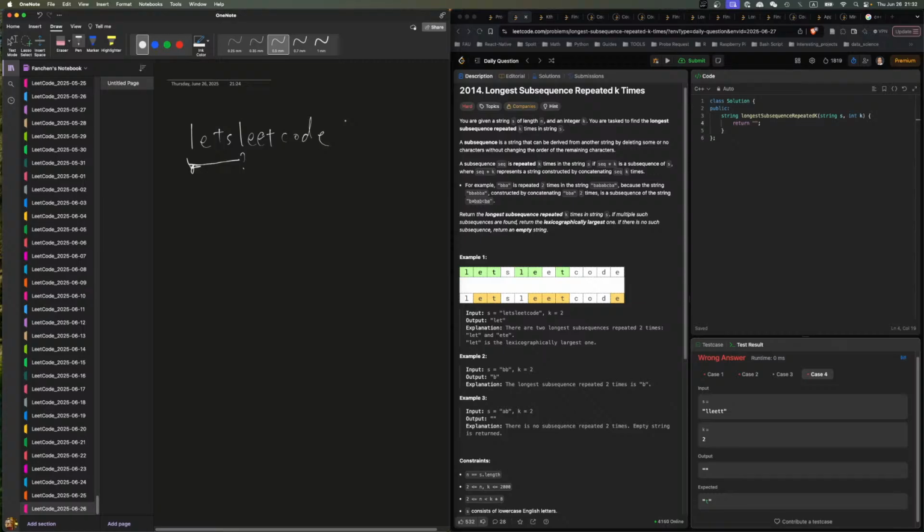Well, you can exclude the letters that have a count smaller than K, right? So those are easy cases, you can just ignore. And then you want to find the longest subsequence, right?